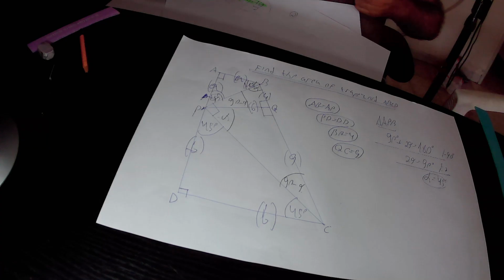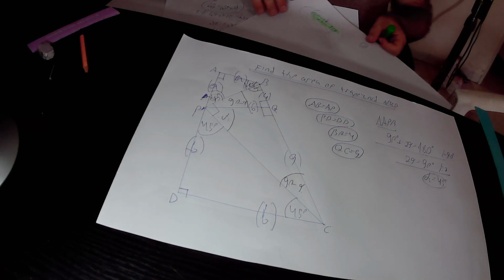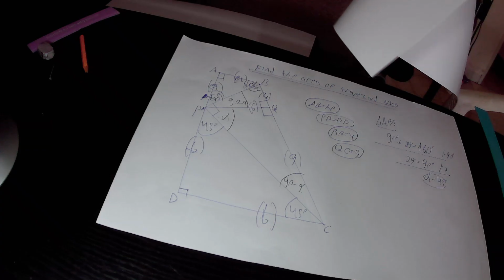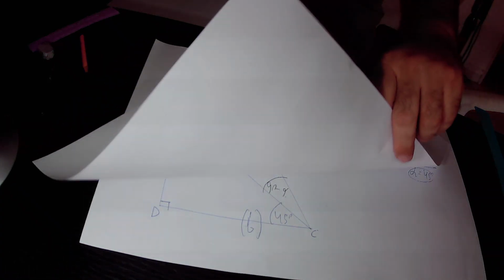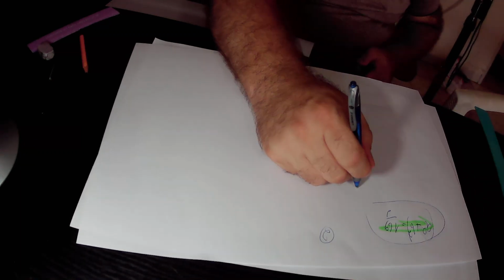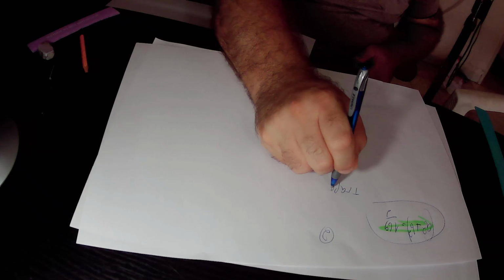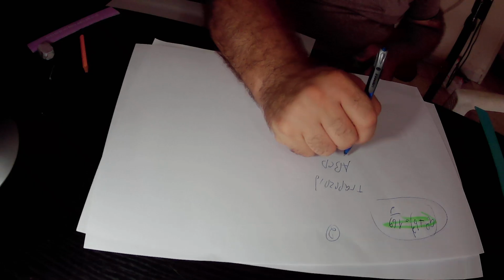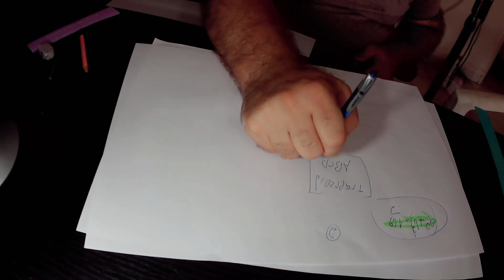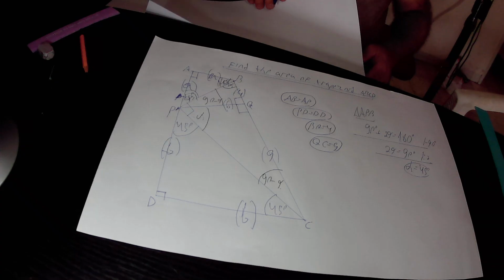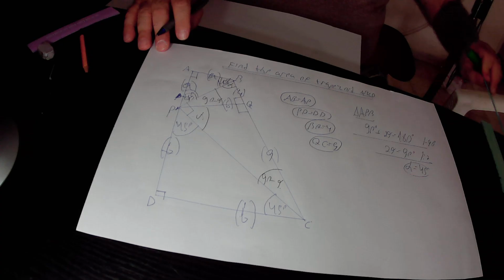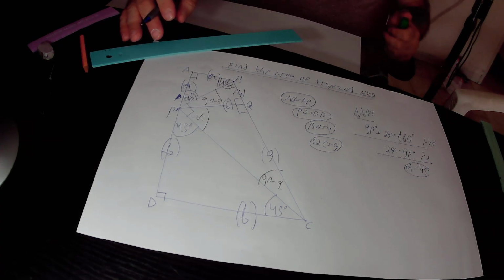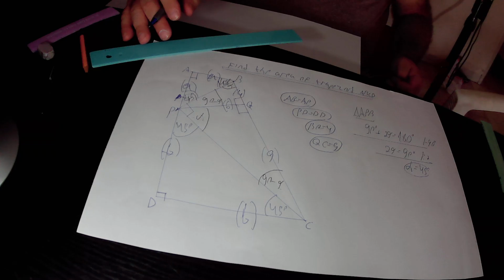So what is the area of trapezoid ABCD? From the drawing it is very easy to see that trapezoid ABCD contains three right triangles.